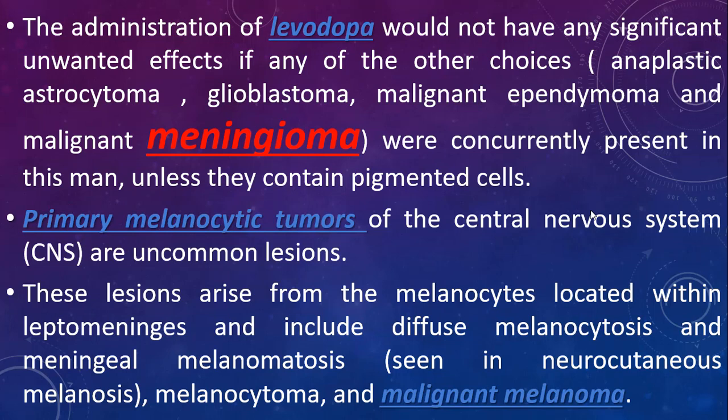This lesion arises from the melanocytes located within the leptomeninges. Leptomeninges are the pia and arachnoid matter and include diffuse melanocytosis and meningeal melanomatosis seen in neurocutaneous melanosis, melanocytoma, and malignant melanoma.